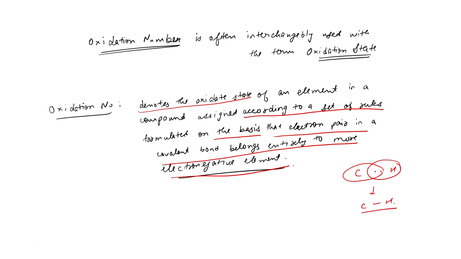Now, we know that the more electronegative atom, the element which has more electronegativity, will pull this electron pair towards it.